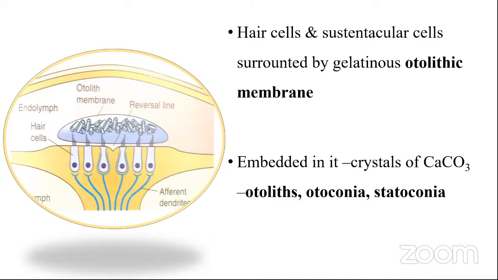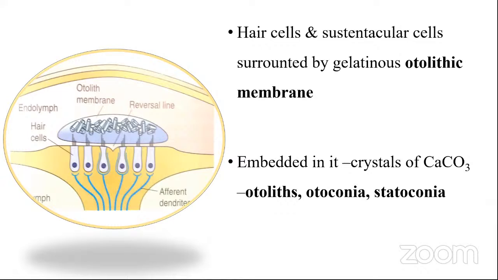So, you can see hair cells and sustentacular cells. They are present and they are connected by the afferent dendrites.